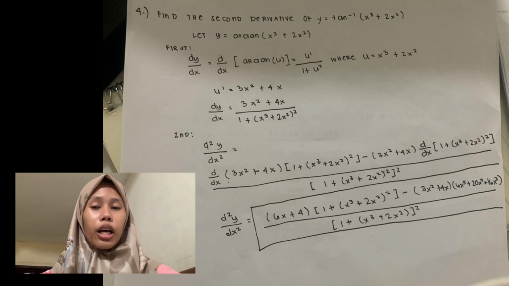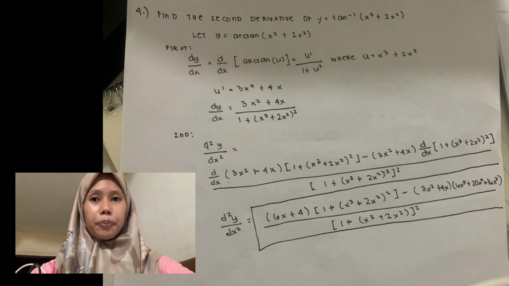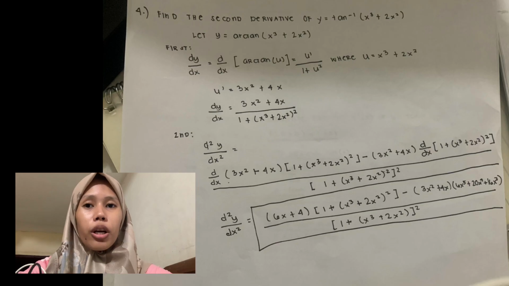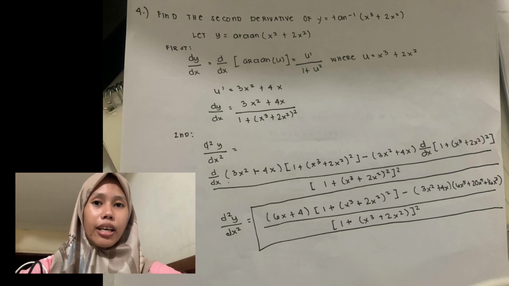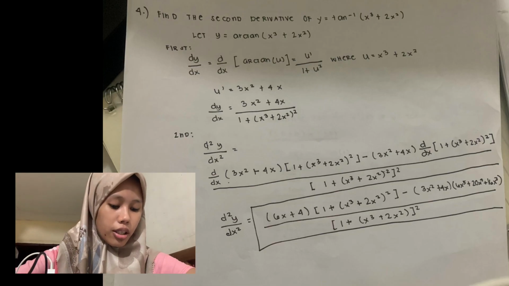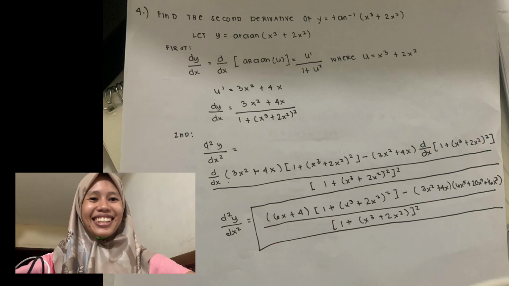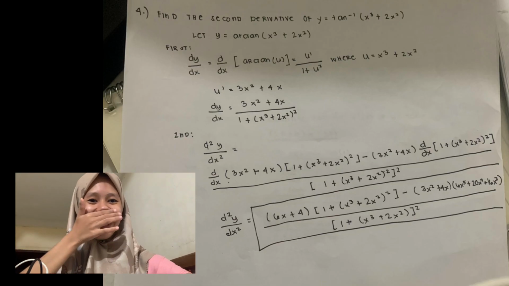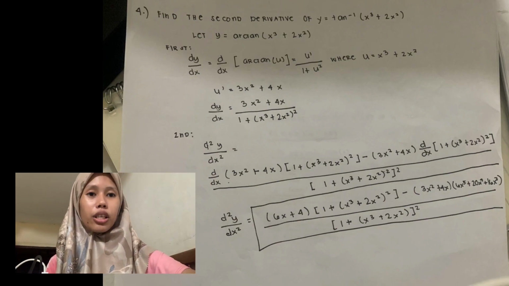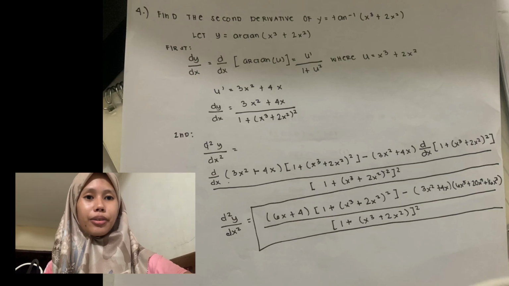So we have d over dx of 3x squared plus 4x equal to 6x plus 4, and then the result is, after that, the final answer is on the paper.